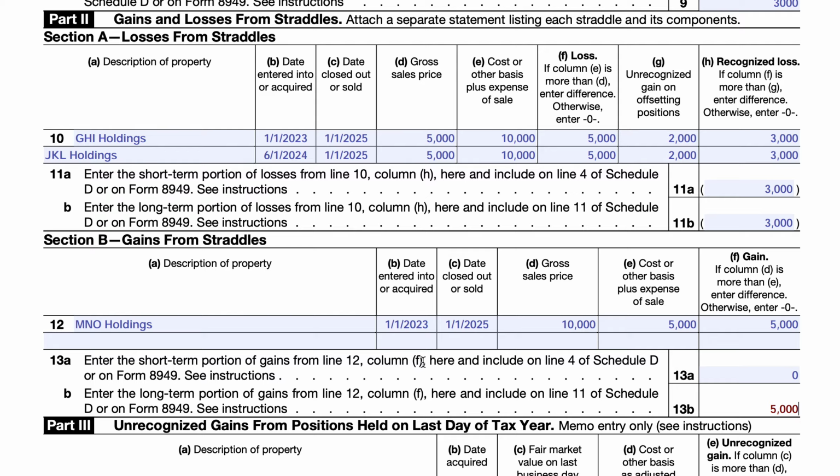And again, these are on line 4 and line 11 of Schedule D, respectively. Same thing here, line 4, line 11 of Schedule D. And then your Form 8949, you would enter that on either Part 1 or Part 2.